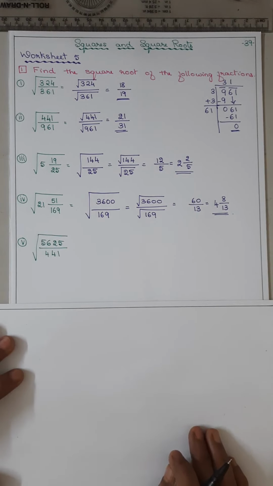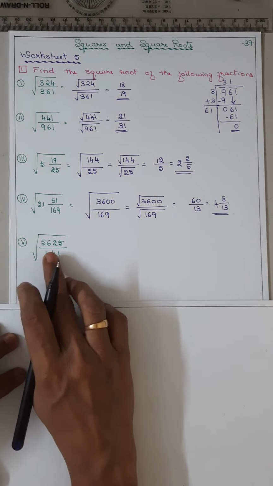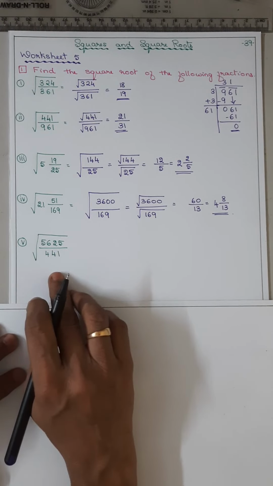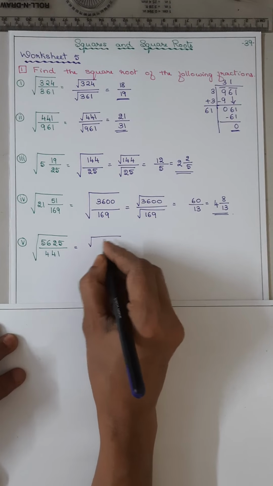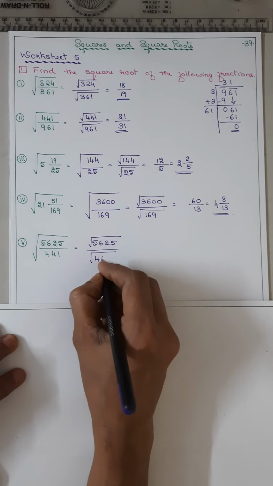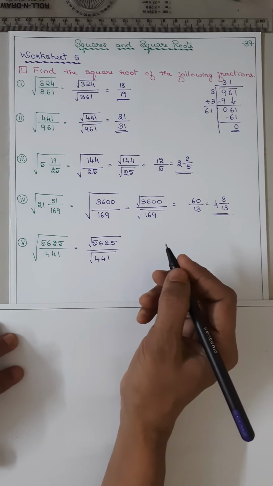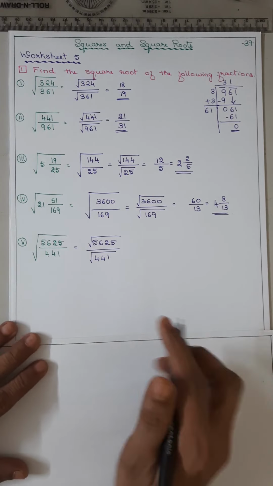Now coming to question number 5, it is the square root of 5625 upon 441. So that means the square root of 5625 upon the square root of 441. Now first find out the square roots of both the numbers.